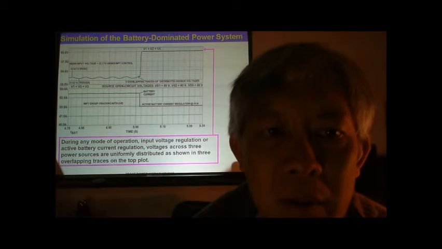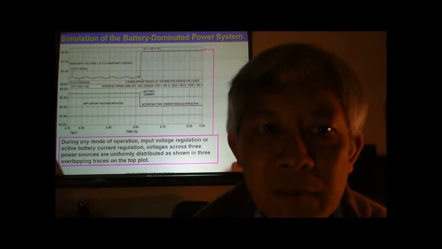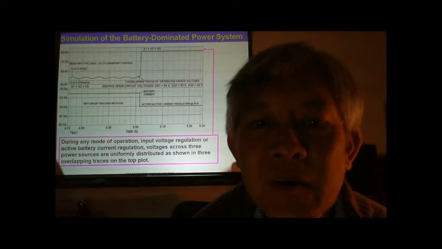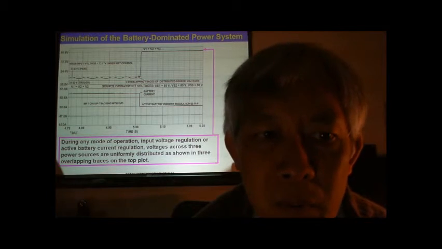In this mode, the active battery current regulation happens at 50 amps and the sourcing voltage no longer has the 20 Hz AC ripple.